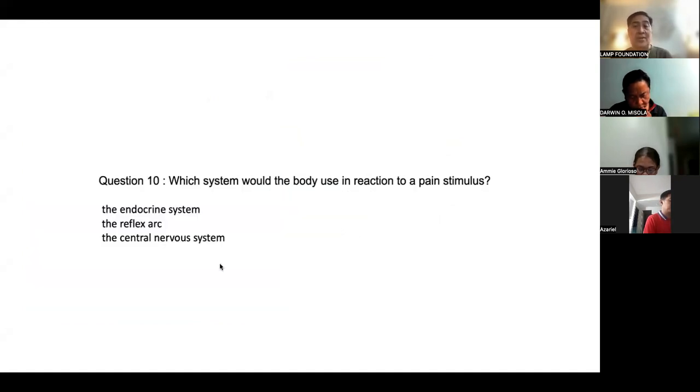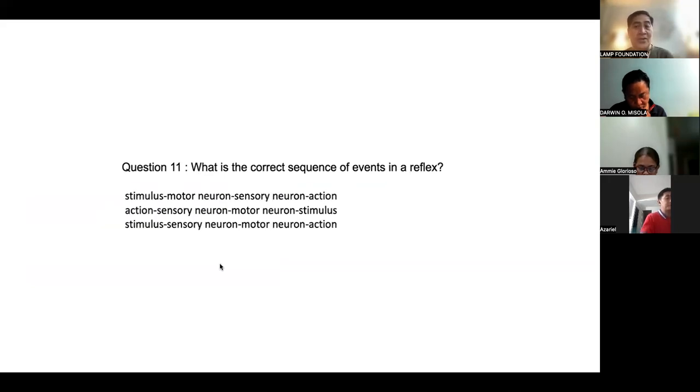Which system would the body use in reaction to a pain stimulus? Reflex arc. What is the correct sequence of events in a reflex? Stimulus, sensory neuron, motor neuron, action. So stimulus, sensory neuron, motor neuron, action.